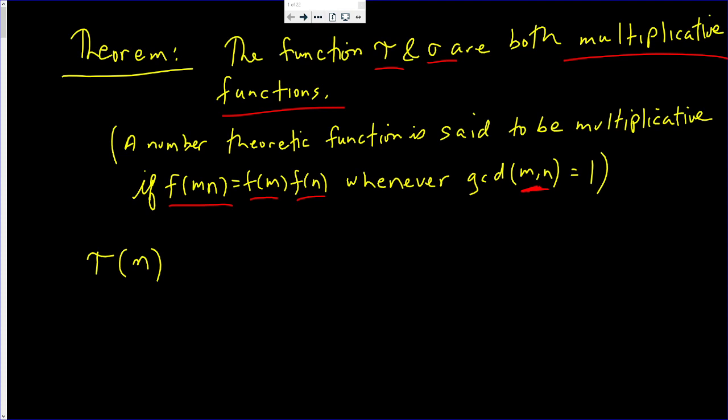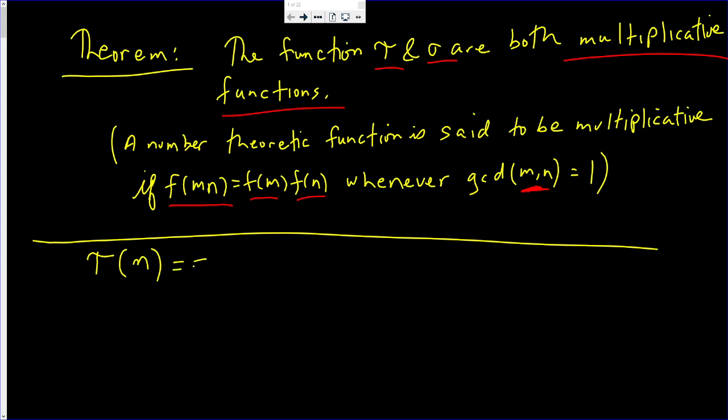Tau of n, so this is kind of review. Tau of n is equal to the number of positive divisors of n. That is, it's the summation over d dividing n of 1. We add up the number of divisors.